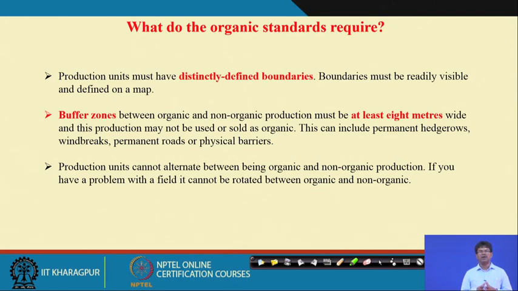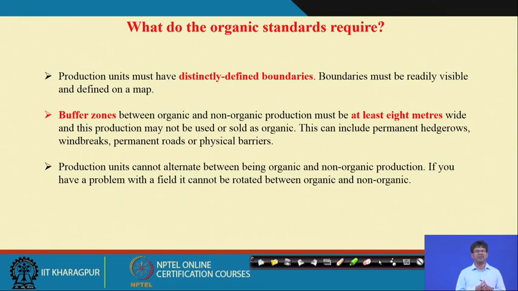So, between the conventional farm and the organic farm, at least an 8 meter buffer zone should be there, and in these 8 meters you can grow crops or maybe permanent hedgerows, but without application of any fertilizers or pesticides, as a control plot.